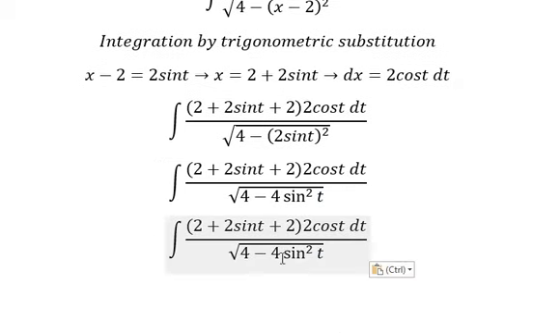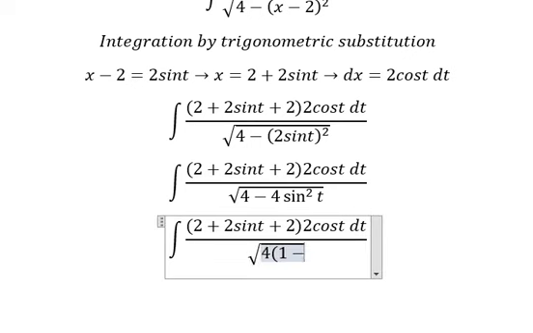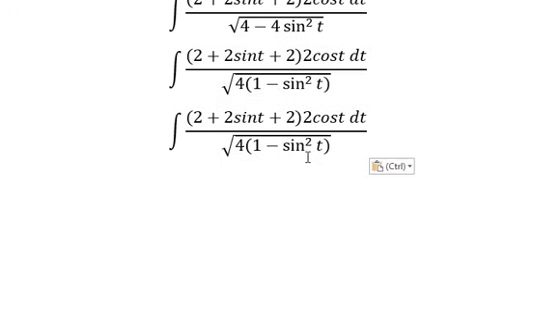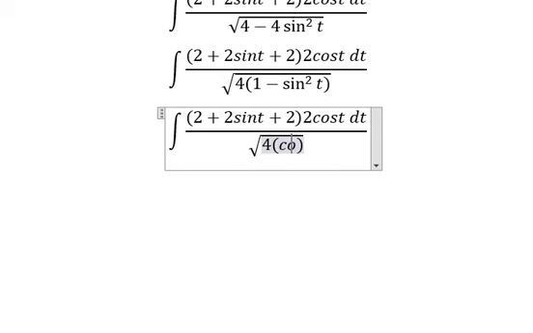Number 4, we can do factorization. This one we change for cosine t squared.